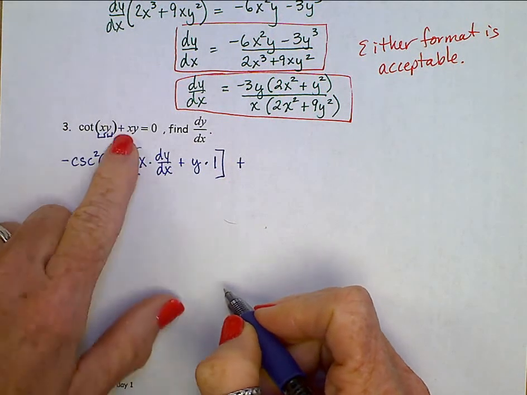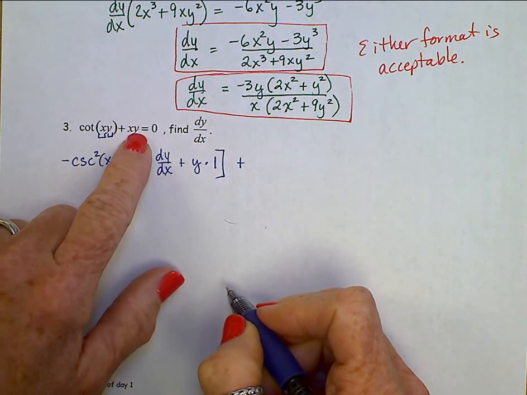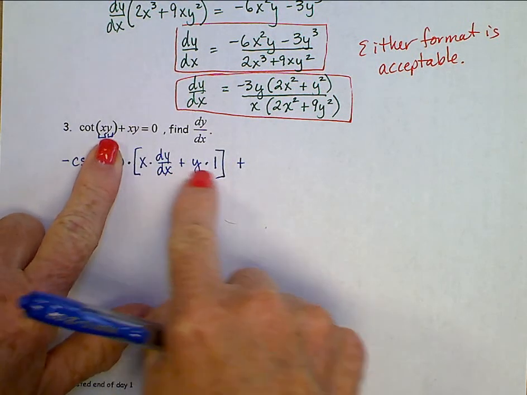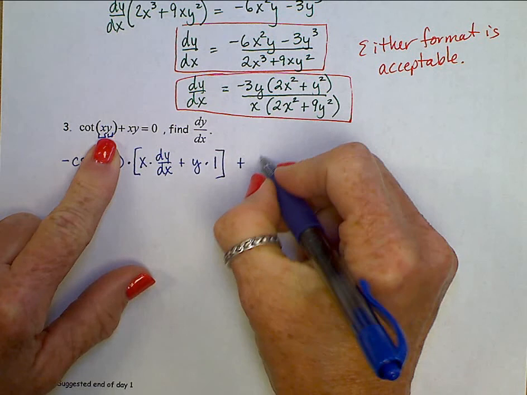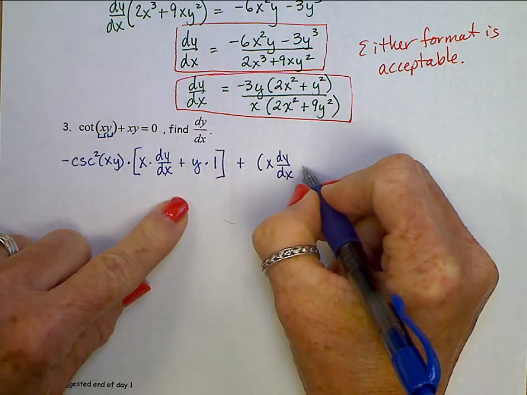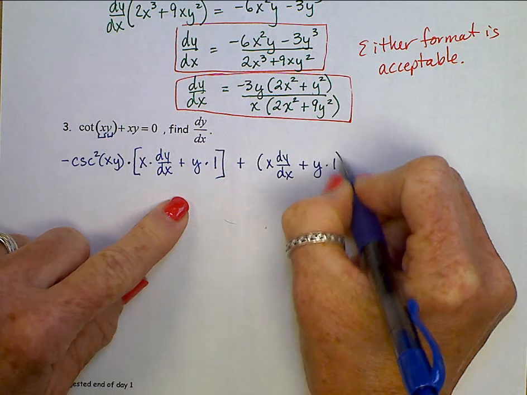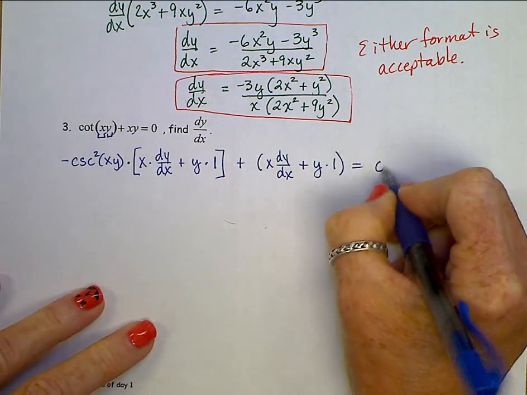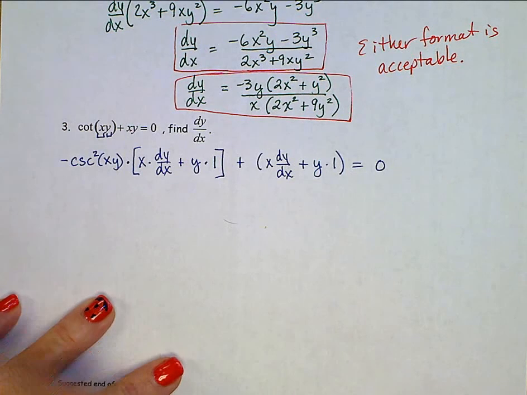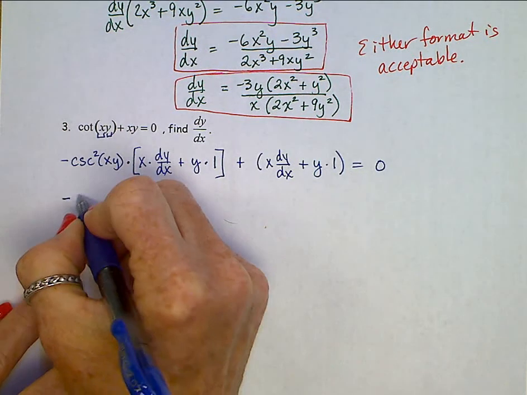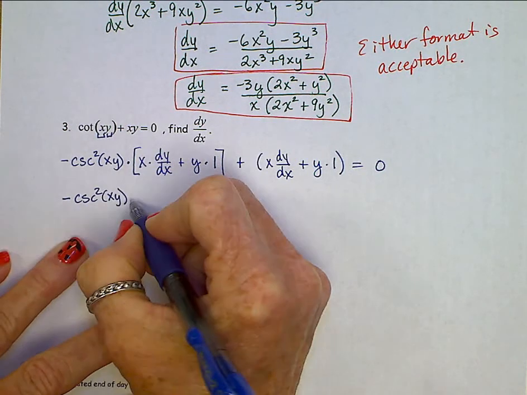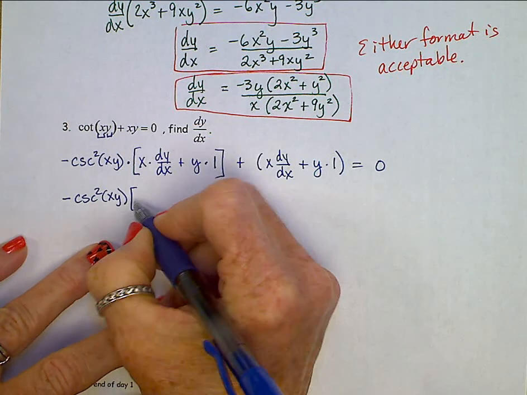now we need the derivative of xy. Well, hey, isn't that this piece right here inside these square brackets? Yeah, it is. So we have x dy/dx plus y times 1 equals 0. And let's clean this up a bit. Negative cosecant squared xy times, now here's an option.